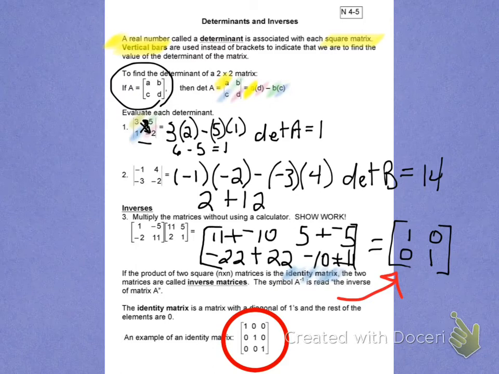So the symbol for an inverse is right here, A to the -1. That's your symbol for the inverse matrix. And you know you have inverse matrices when you multiply them together and you get an identity matrix.